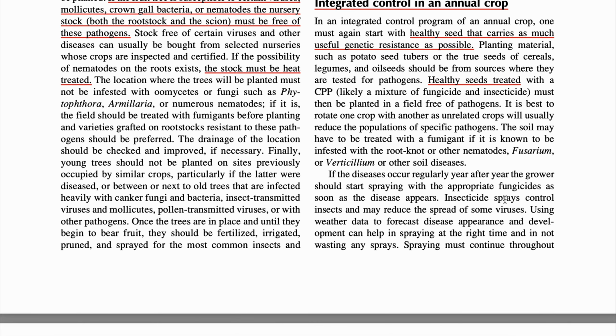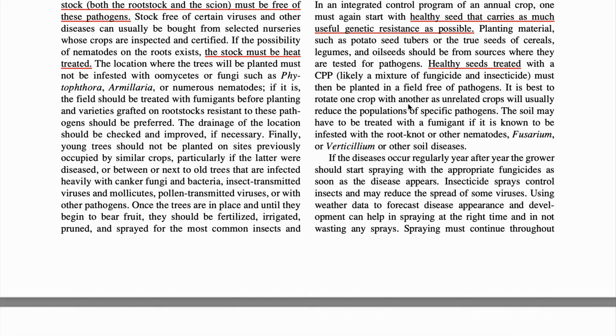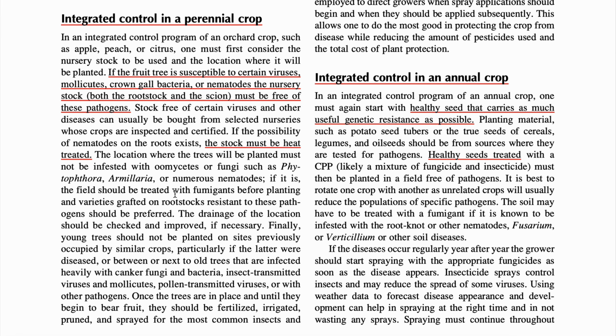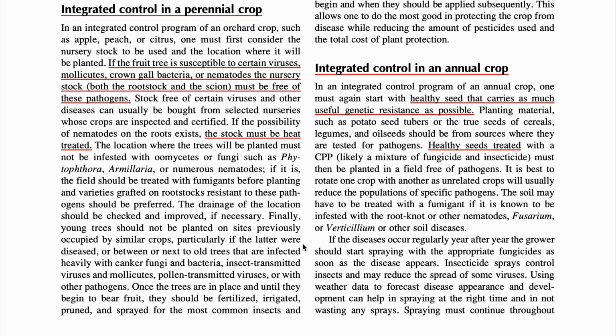Similar to the perennial crop, where the location is tested, here too the field should be free of pathogens. It is best to rotate one crop with another, as unrelated crops will usually reduce the population of specific pathogens. The soil may have to be treated with a fumigant if it is known to be infested with nematodes or other pathogens.